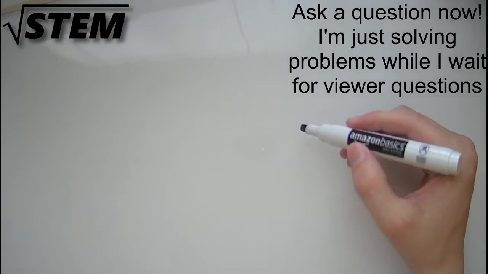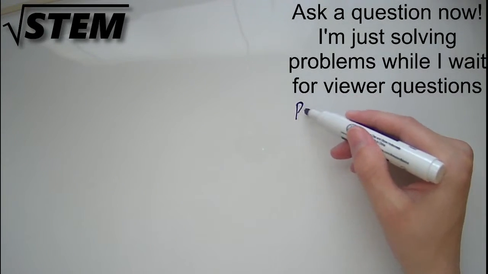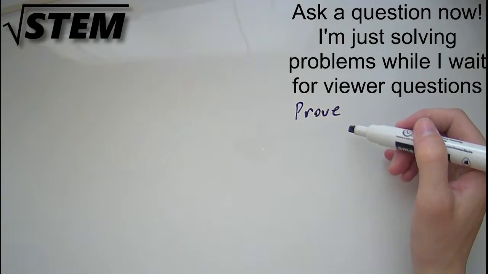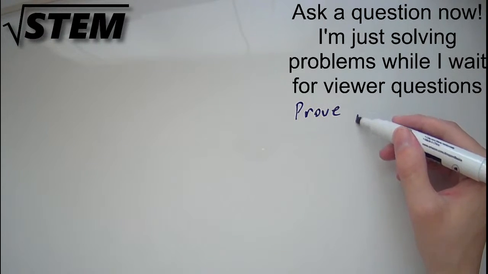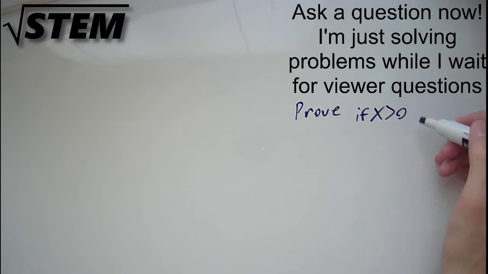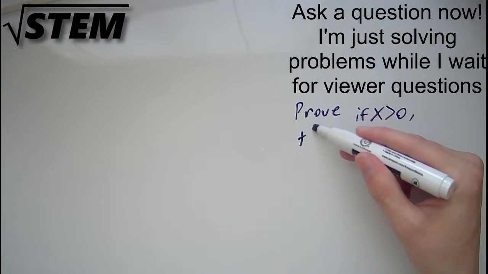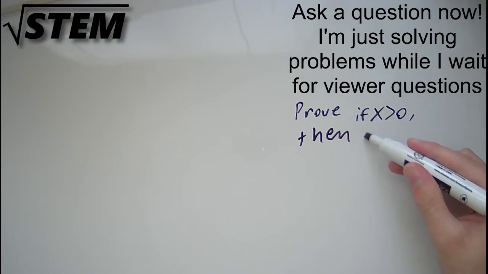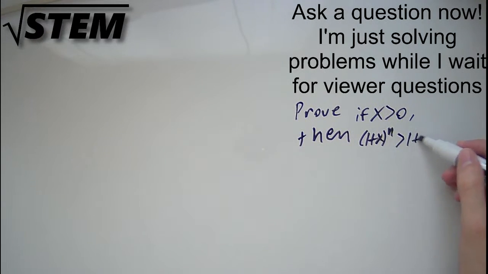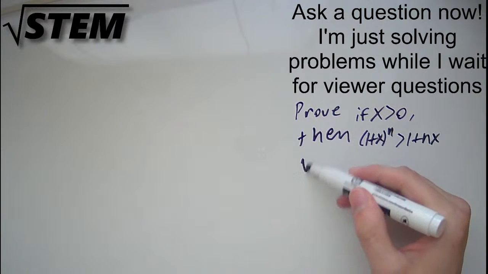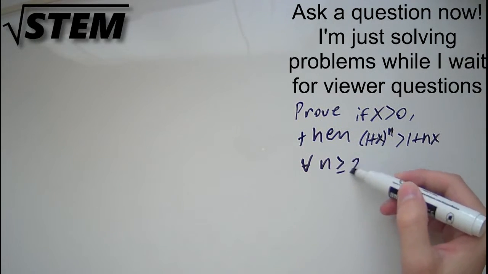So we want to prove that if x is greater than 0 for some fixed real x, then 1 plus x to the nth power is greater than 1 plus n times x for all n greater than or equal to 2.